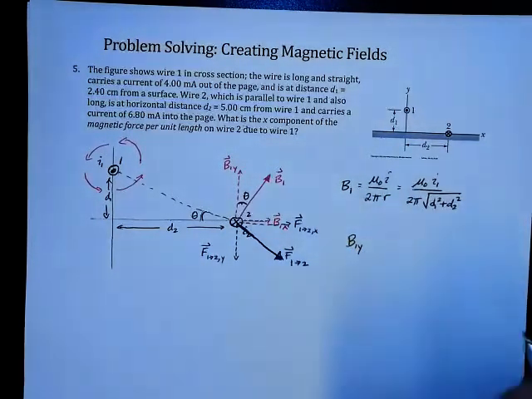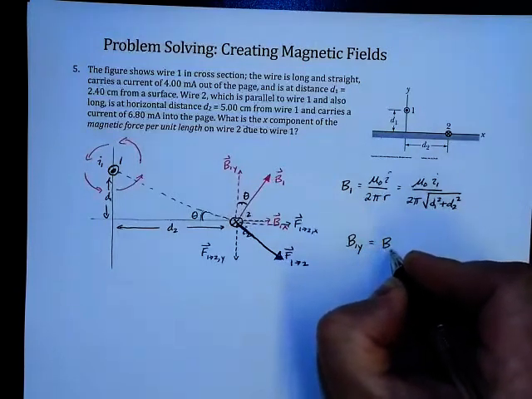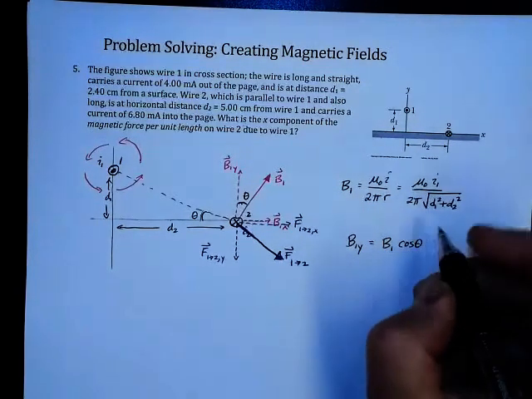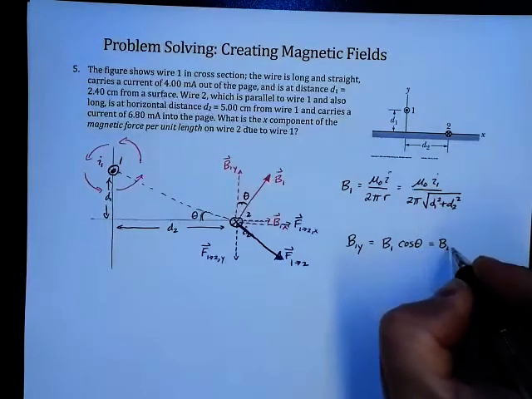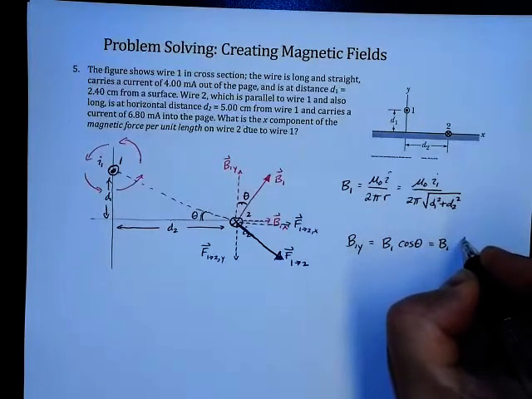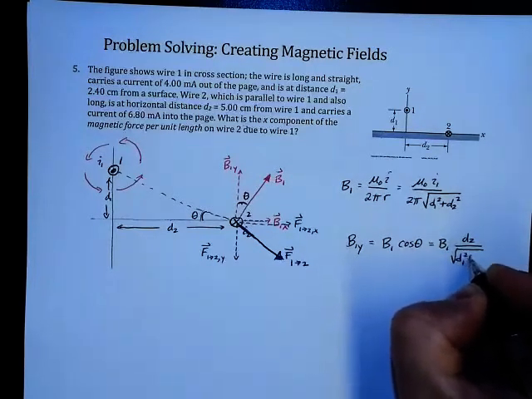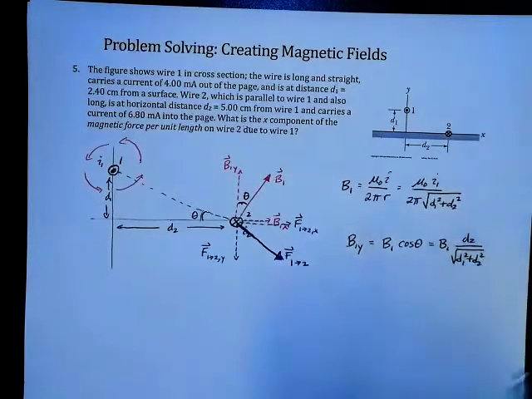So the y component is the full magnetic field times the cosine of theta, or the full magnetic field times d2 over the square root of d1 squared plus d2 squared.